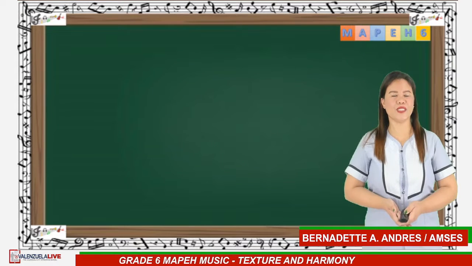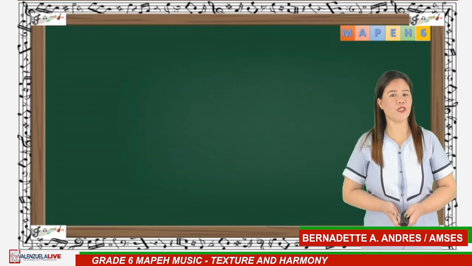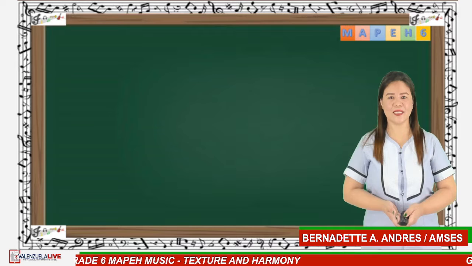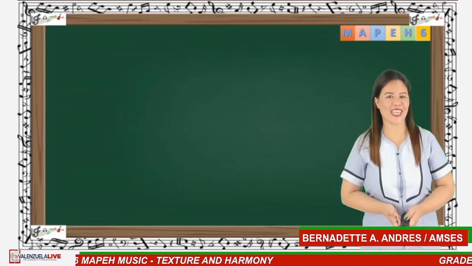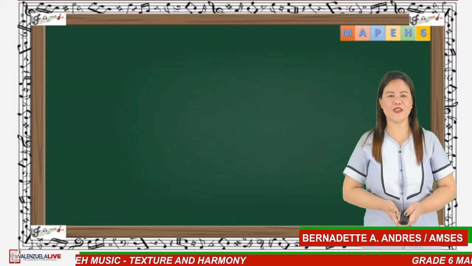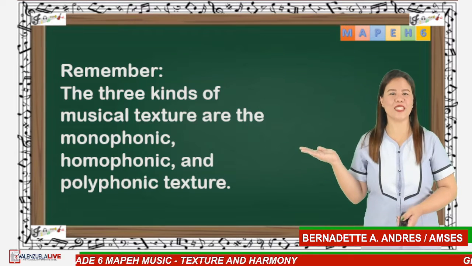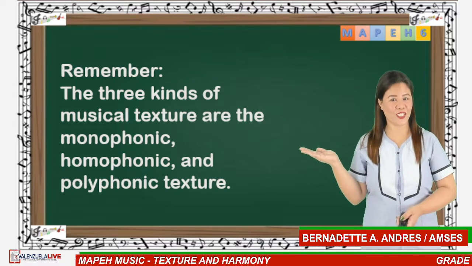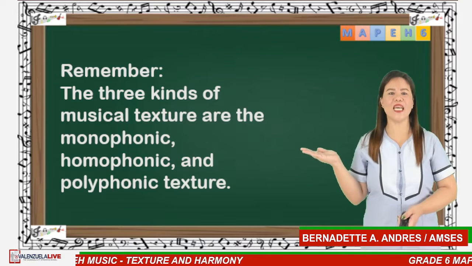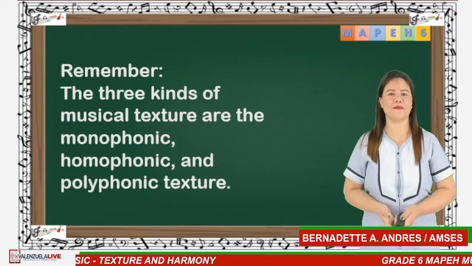Okay, grade 6 learners, did you learn something from our discussions? If your answer is yes, you really did a great job. Remember, the three kinds of musical texture are monophonic, homophonic, and polyphonic texture.